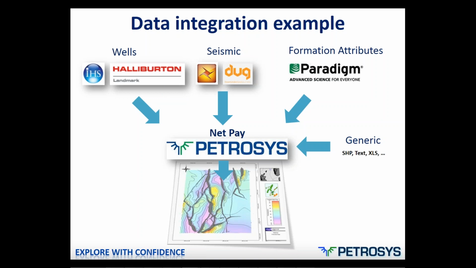It could be other types of attribute information, maybe from petrophysical attributes coming out of a corporate standard tool that's being used. So we can pull that information in through shape files or text files or even Excel spreadsheets and so forth into the whole mapping process to generate your net pays or thickness maps, as well as other types of maps too.